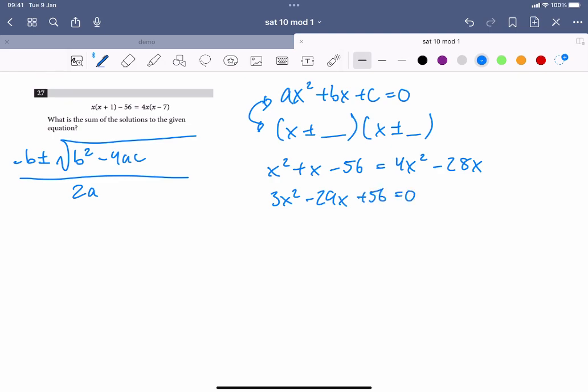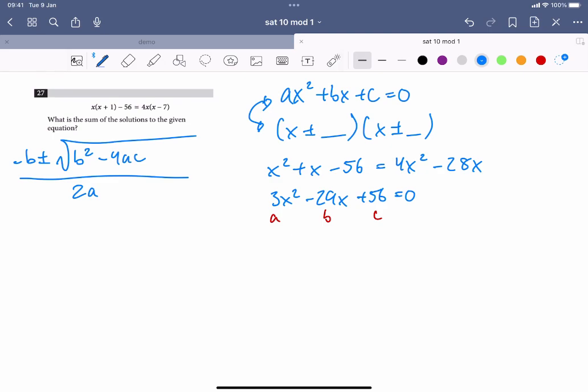I pre-wrote the quadratic formula because this seems a bit difficult to do with two numbers that add into something and multiply into something. So let's instead plug these numbers into the quadratic formula. Again, the term in front of the x squared is a, the term in front of the x is b, and the constant is c. So let's plug that in and see what we get.